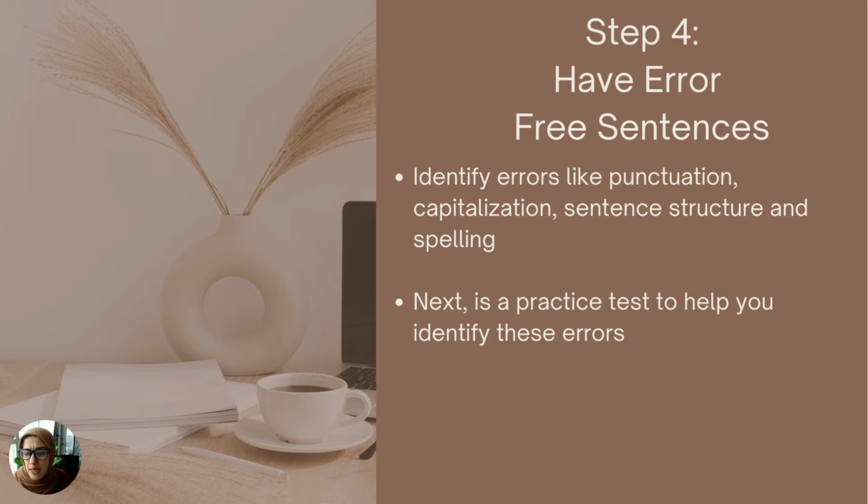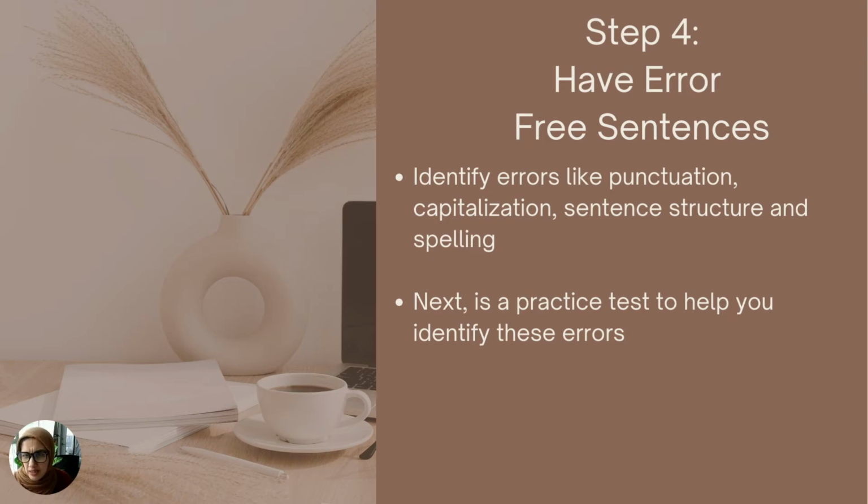Next, if you can get a pen and paper out, I am going to give you a practice test that will help you identify these type of errors. So it's going to be a list of 10 questions, and what you will have to do is see where the errors are, whether it's capitalization, punctuation, sentence structure, or spelling.